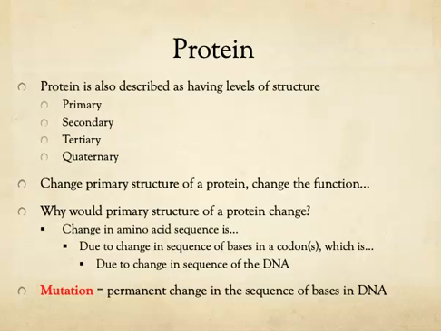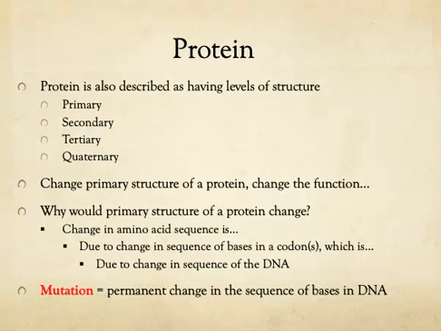That is what a mutation is, a permanent change in the sequence of bases in the DNA molecule. If you change the order of the bases, the sequence of the bases in the DNA molecule, and the cell does not catch that change, the cell does not recognize it and repair it, it will become permanent in the DNA, and it will then be a mutation.